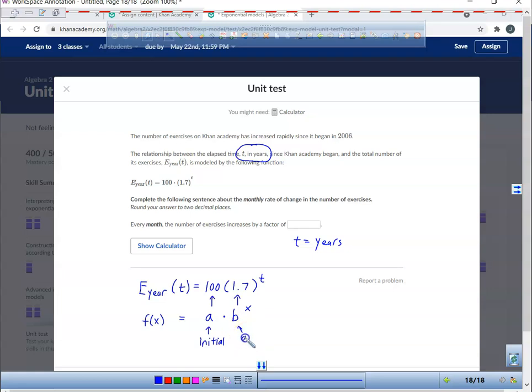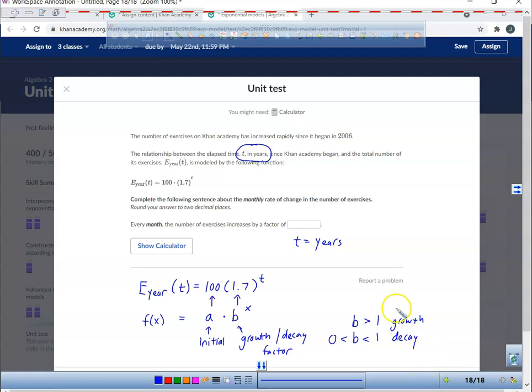B represents what's called your growth or decay factor. Just remember, if B is greater than 1, that's called a growth factor. But if B is a fraction, less than 1 but greater than 0, that's called a decay factor.